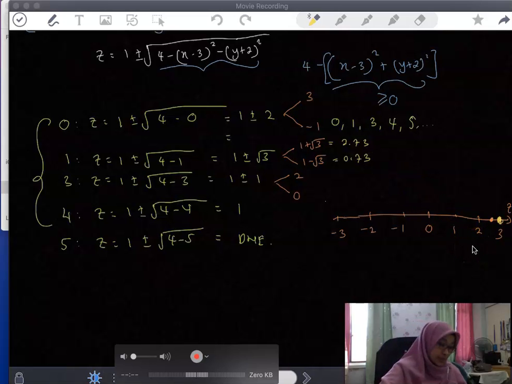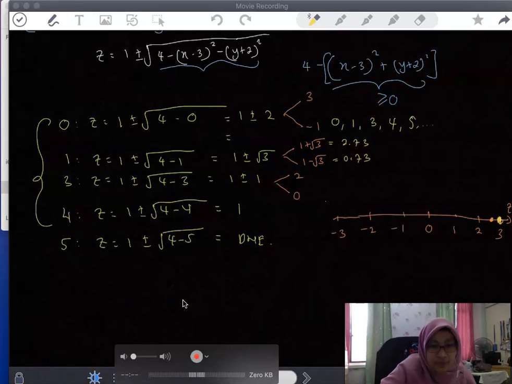So we can see that the highest value of z is 3, and the smallest is, we have 1 minus 1, highest 3, and the smallest is 0, right?